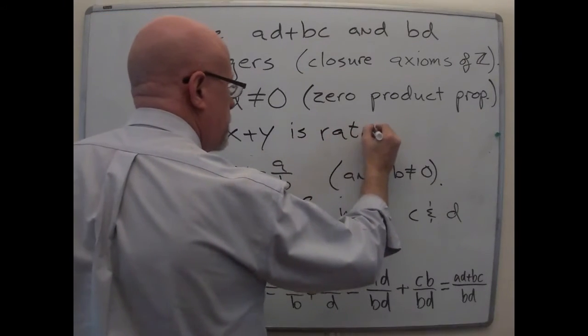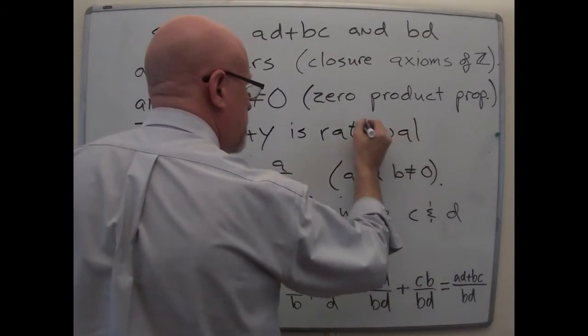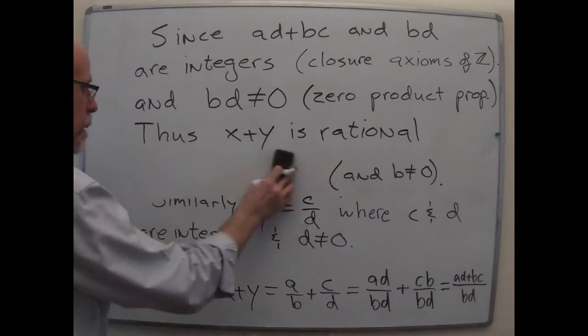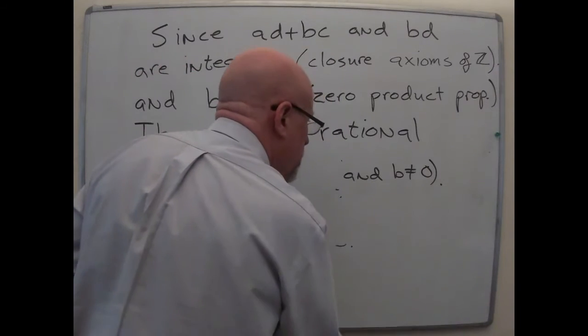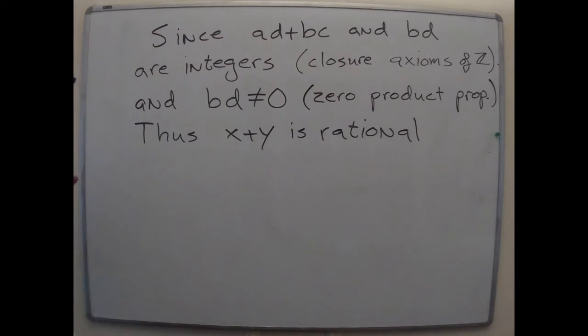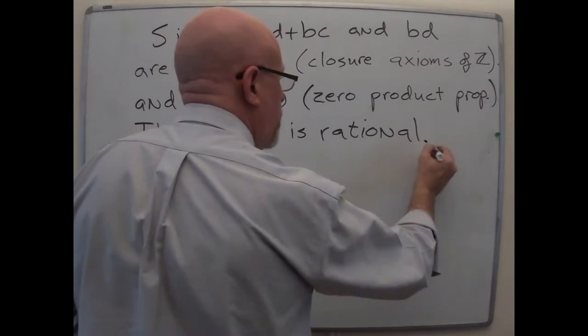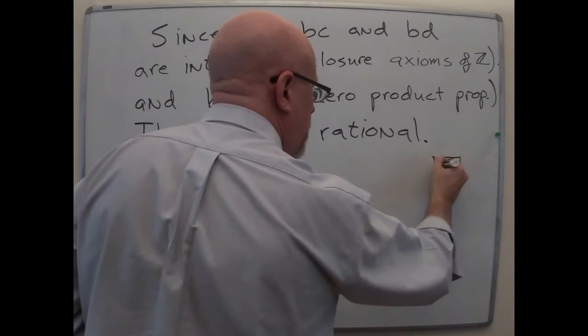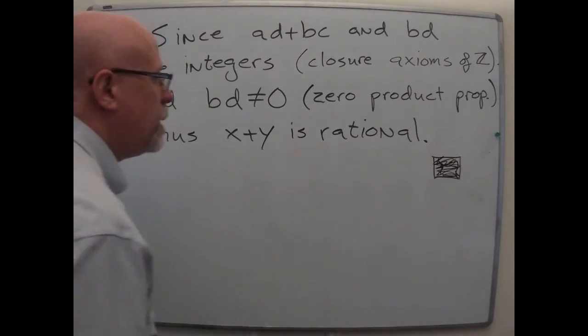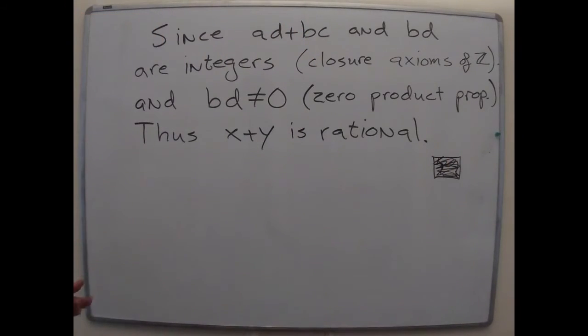I'm going to get rid of this stuff we don't need anymore, because it's very fulfilling at the end of one of these arguments. You get to draw your box and color it in. Or if you like, you can write QED there. Yay.